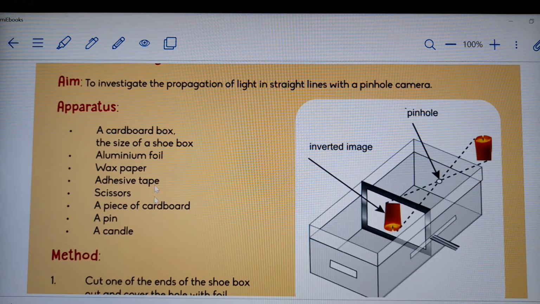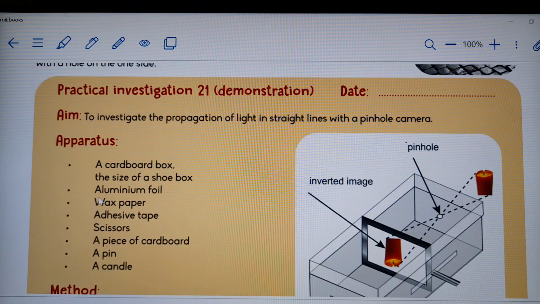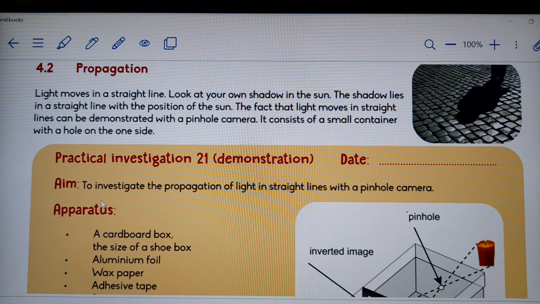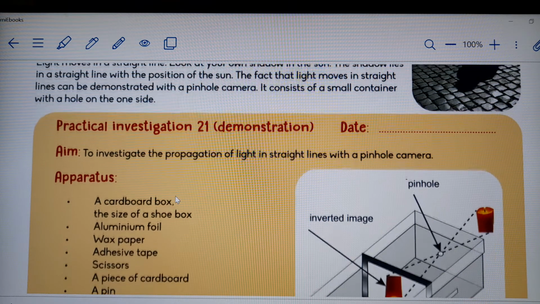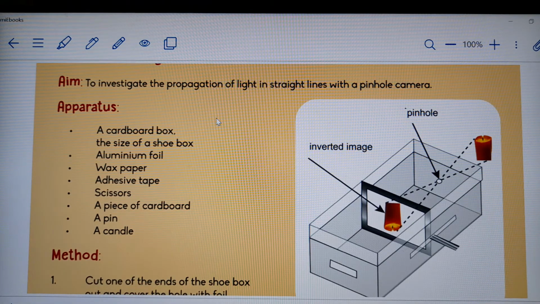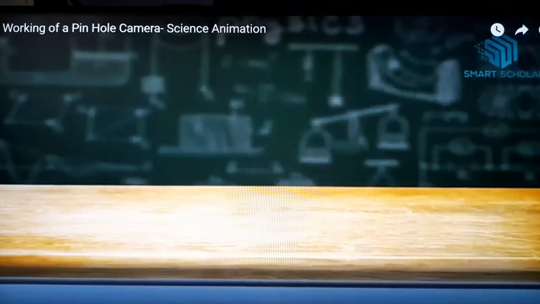Then we will be able to complete this investigation, but we will watch it on video and we will see how light moves in a straight line and the demonstration of propagation of light in a straight line. Okay, which means it's the movement of light in a straight line. We will now start with our experiment.